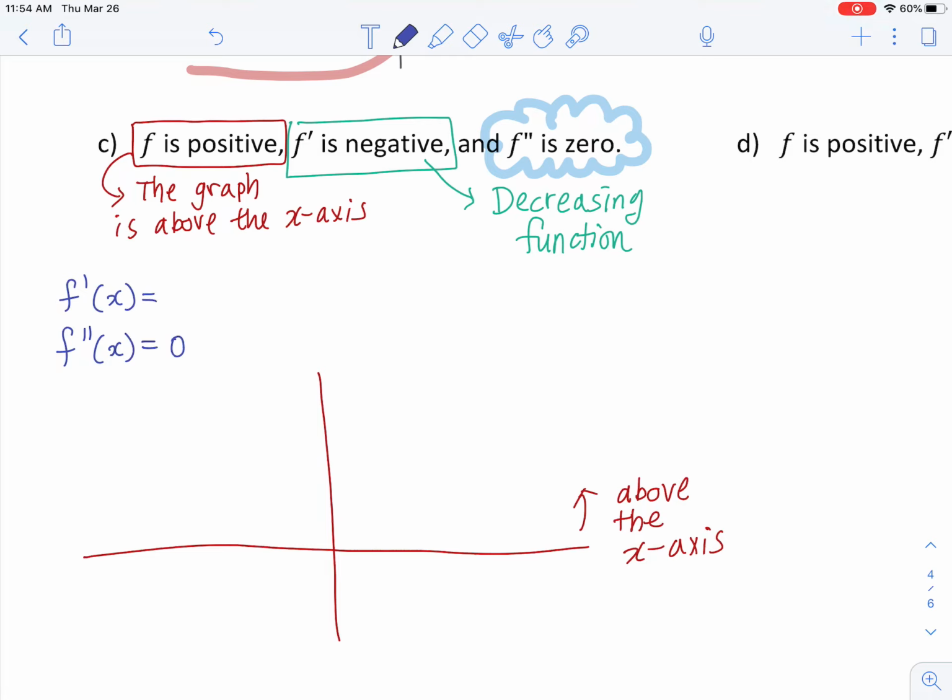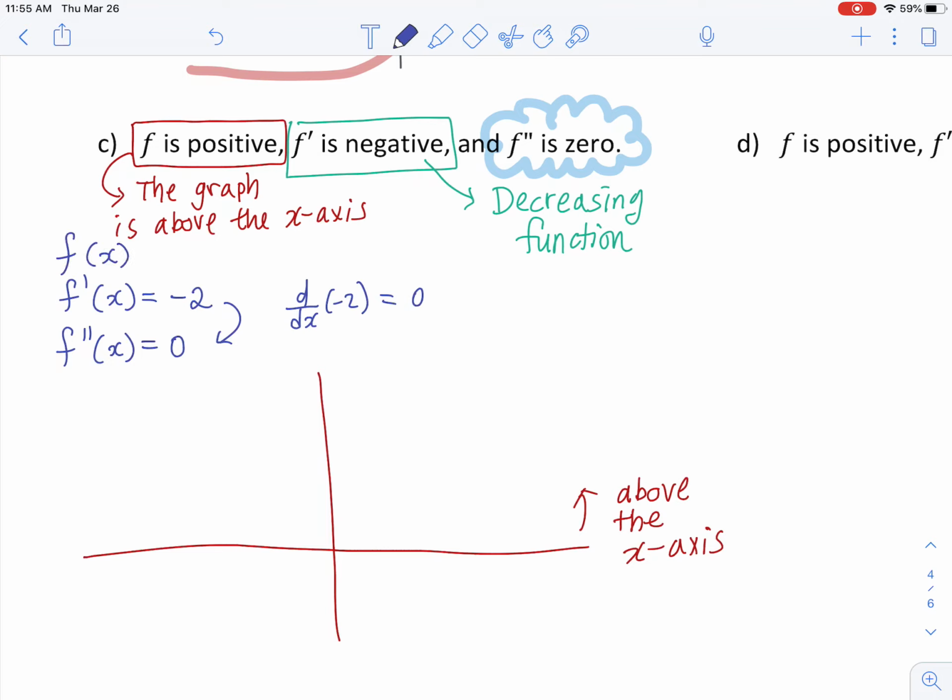So if f double prime is 0, the first derivative f prime must have just a constant, like, I'm just making up, -2. Just a constant. And if you're wondering where I got -2 from, I just made it up. But don't you agree that the derivative of a constant, a number, is going to be 0?